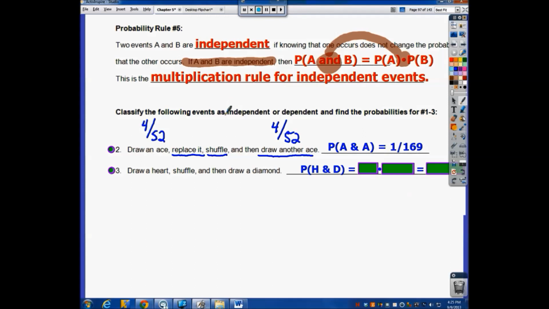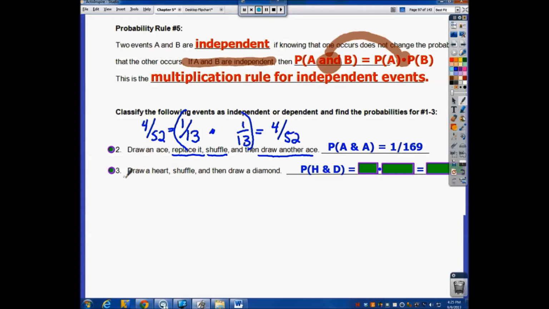Now you might go, well, wait, how did you get 1 out of 169 when you have these two probabilities of 4 out of 52? Well, 4 out of 52 really simplifies to be 1 in 13. And since these two events are independent, then I may multiply together their probabilities, and 1 times 1 across the top is 1, and 13 times 13 across the bottom is 169.